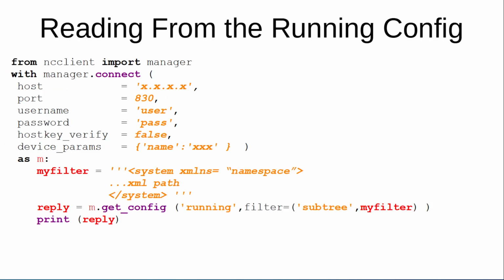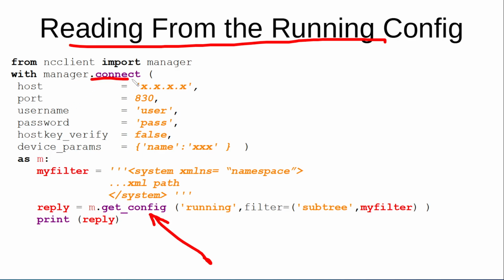Now, going for a real example of a Python script that reads from the running config, you will use the get_config method from the manager class. You will need an object from the manager class in order to run this method. And remember that connect is a class factory that will provide you with an object of the manager class, and it will store it in the variable named m.